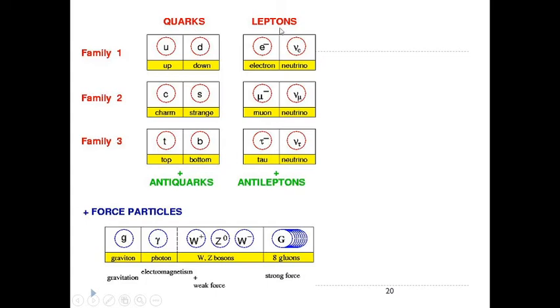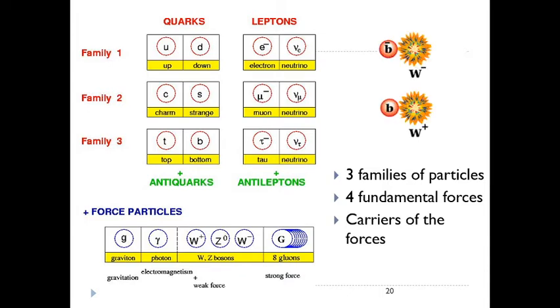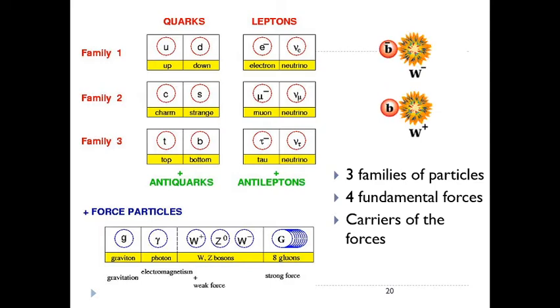There are quarks, there are leptons, and these are the force particles. They haven't shown the Higgs boson here because it's not a force particle. So three families of particles, four fundamental forces, carriers of the forces. Very nice.